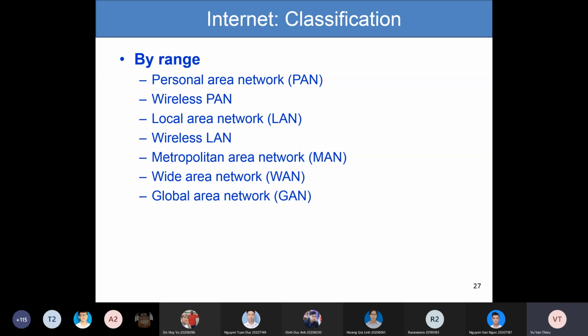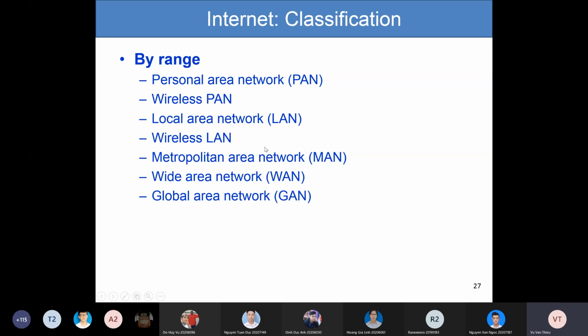That is the network that consists of all computers installed over the world. That is GAN. So we have three main kinds of networks. If we classify using range of use, that is LAN, the smallest one, WAN, a middle one, and GAN, the biggest one.